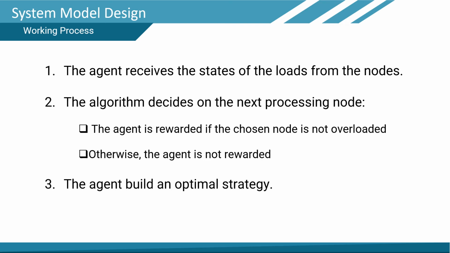By exploiting this information, the agent will have to make a decision by choosing a node for the next processing. This decision will be later judged by the algorithm, and the agent receives a reward if the chosen node has a satisfactory load, meaning it meets the needs of the IoT applications. If it is not the case, the agent will not receive any reward. So after several iterations, the agent will be able to establish the optimal strategy for load distribution between the nodes.